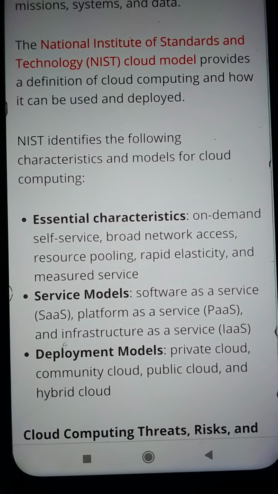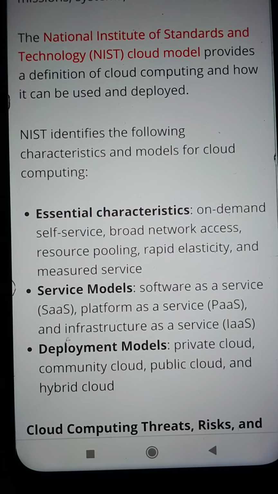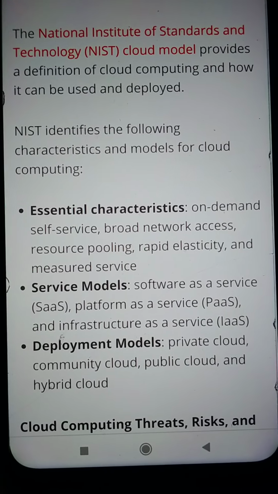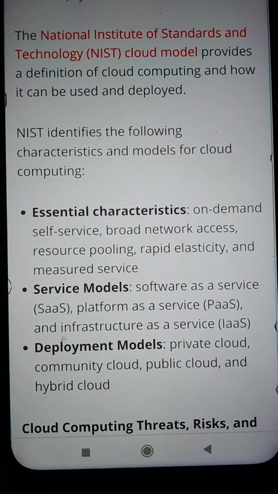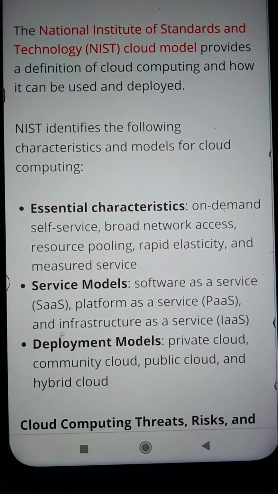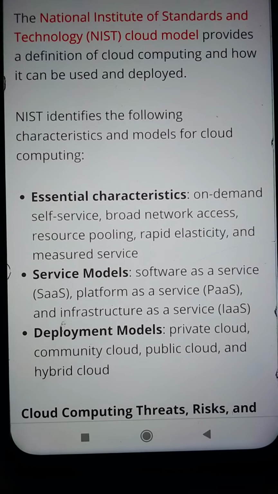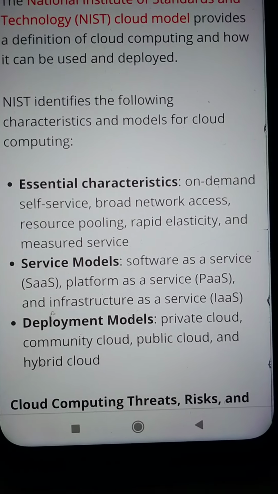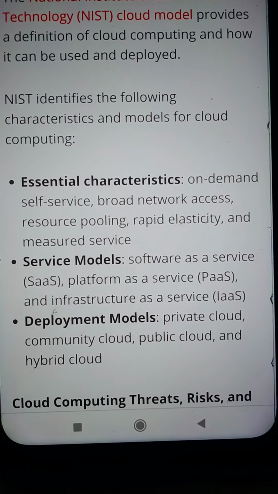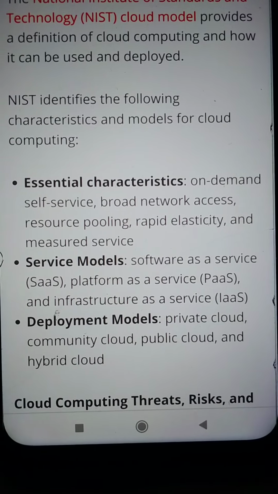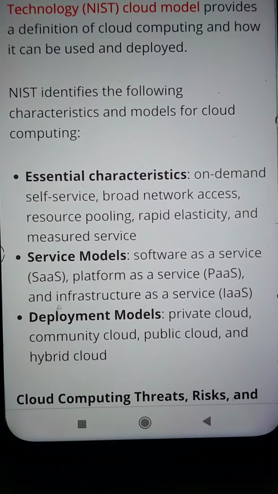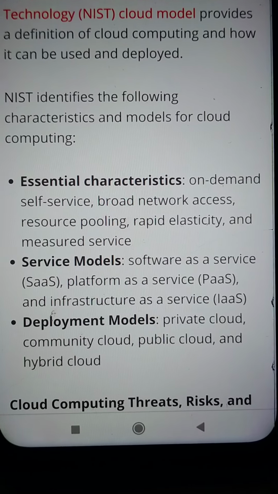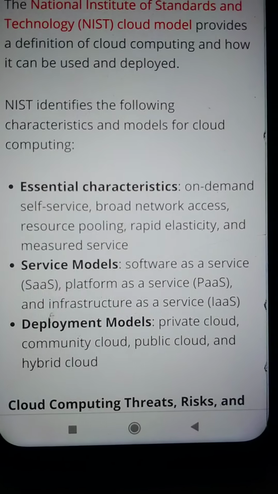Essential characteristics: on-demand self-service, broad network access, resource pooling, rapid elasticity, and measured service. Service models: Software as a Service (SaaS), Platform as a Service (PaaS), and Infrastructure as a Service (IaaS). Deployment models: private cloud, community cloud, public cloud, and hybrid cloud.